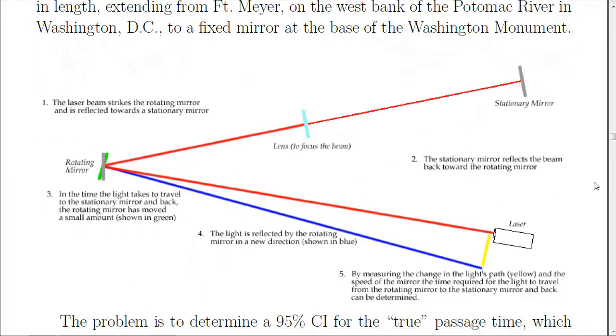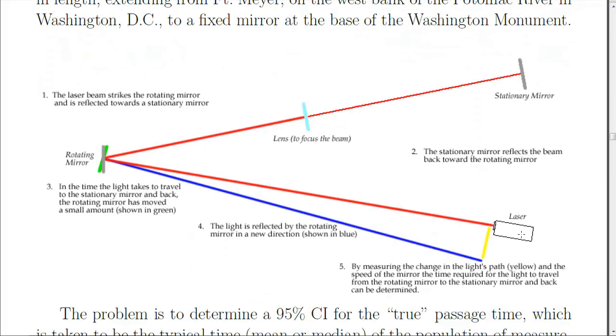Here is a diagram of that setup, but in this case we've got a laser. If we were to reproduce this, we've got a laser shining at a rotating mirror. It hits a lens, reflects off a stationary mirror, comes back, and hits the rotating mirror, which has now moved because of the distance traveled, so it reflects at a slightly different angle and comes back to where the laser was projecting from.